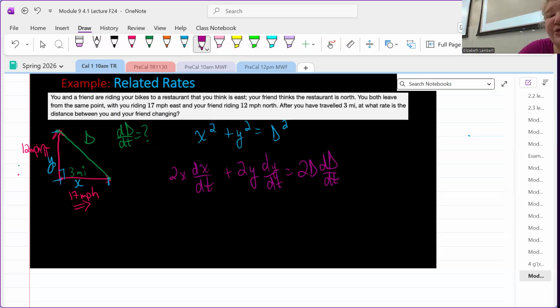But when you've gone 3 miles, a certain amount of time has passed. That's the same time that your friend was biking north. So we're going to use our knowledge about how speed works to figure out that time. And then we're going to use that time to figure out the other side. And then we'll use our Pythagorean theorem to figure out the distance on the snapshot when you're 3 miles away.